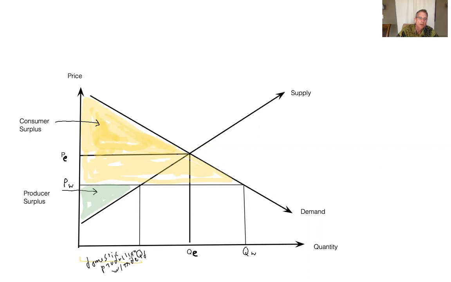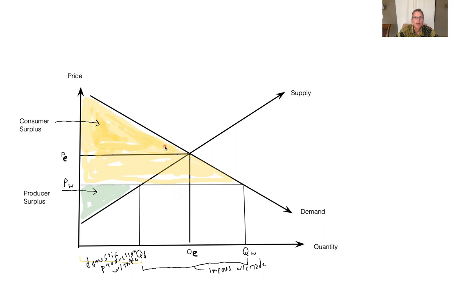And then from here to here, this is imports with trade. Okay, so again, the importers are going to supply from here out to here. Domestic producers are only going to be left with this much.